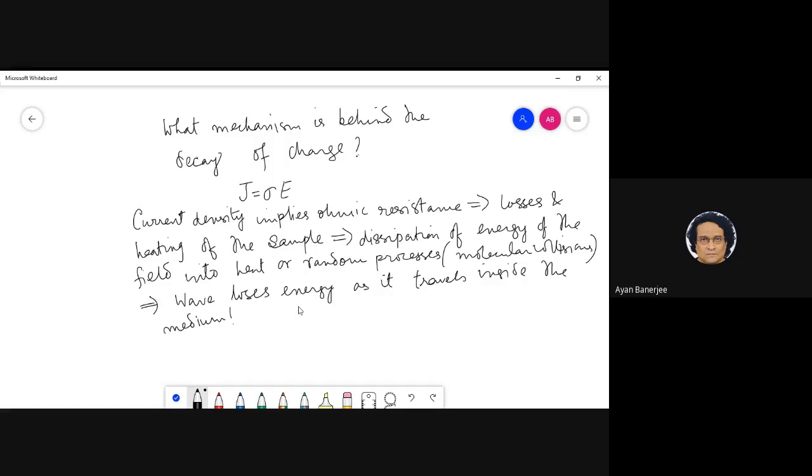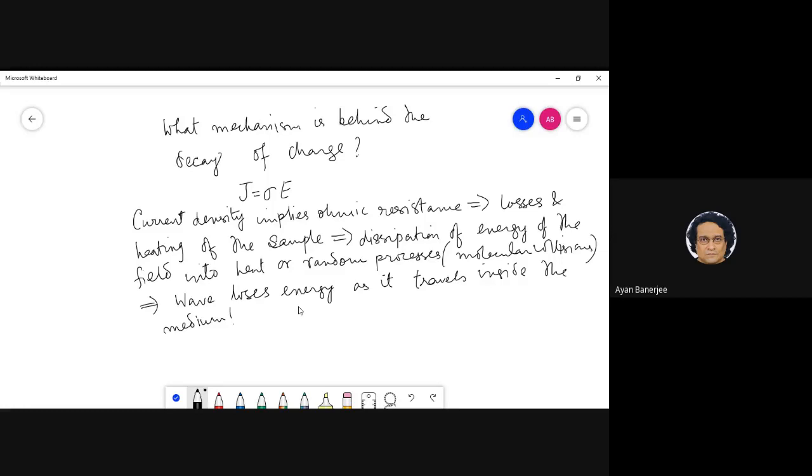Okay. So now let us look at the other very crucial consequence. We are saying that the material is getting hot, so it is absorbing energy, right? So how is that coming quantitatively?